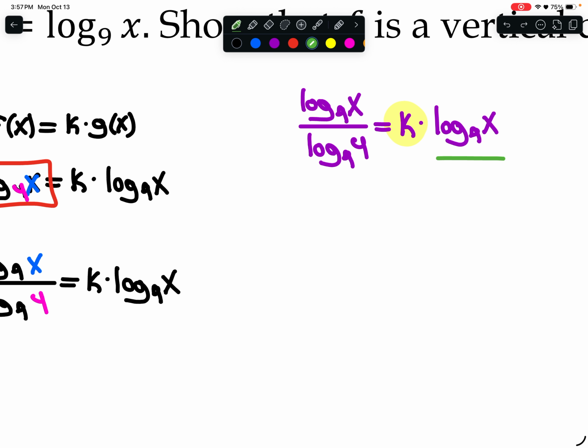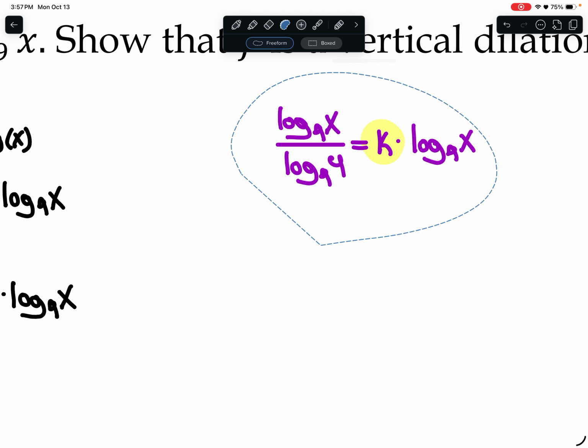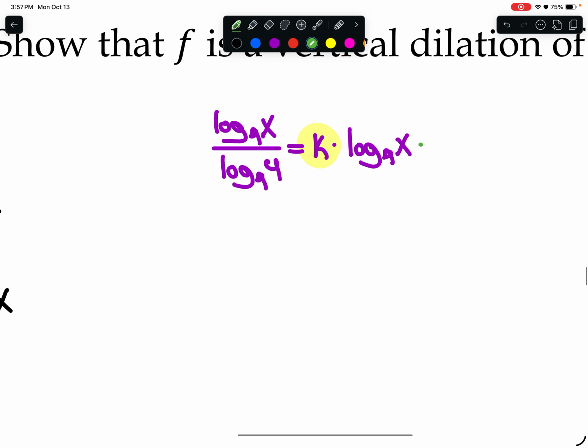So you can either divide both sides by log base 9 of x, or my personal preference, let's move it over, I'm going to multiply both sides by 1 over log base 9 of x, which is the same thing as just dividing both sides, but to me this just looks a little bit more clean and organized.